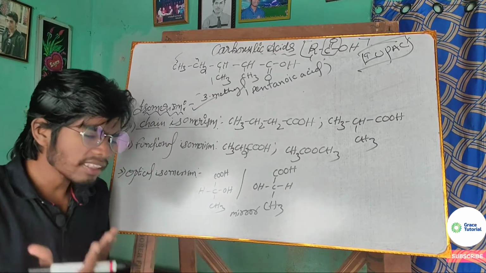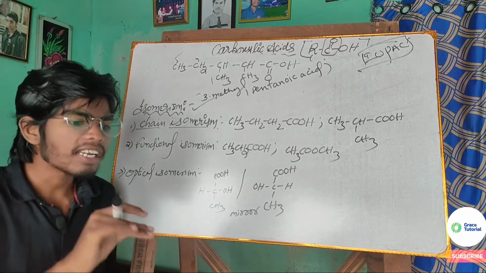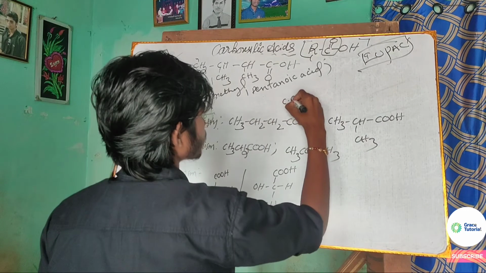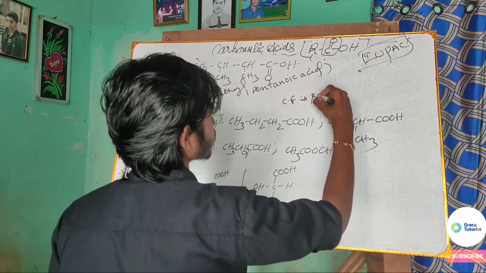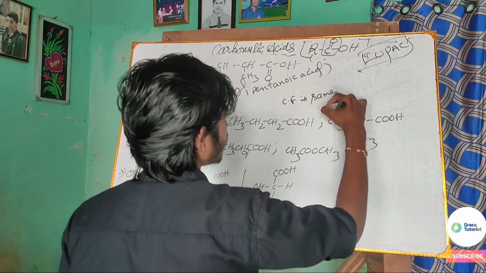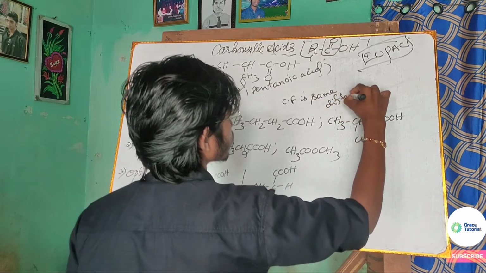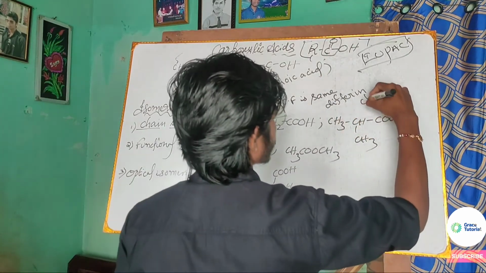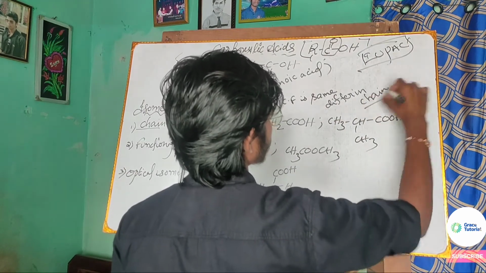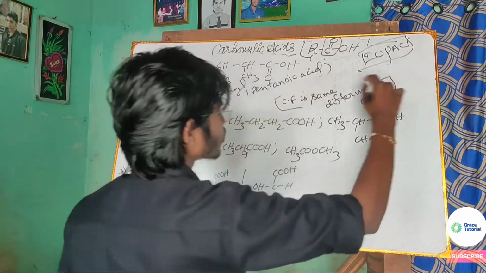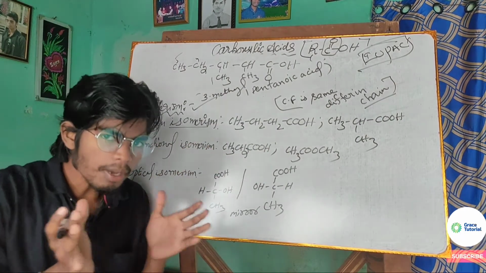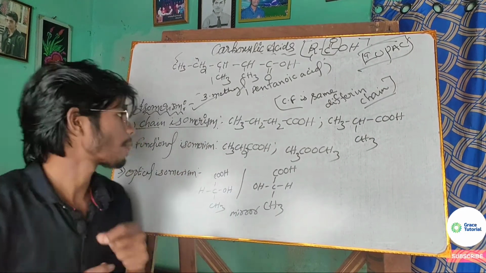When compounds have the same chemical formula but differ in their chain, those isomers are called chain isomers, and the phenomenon is called chain isomerism.